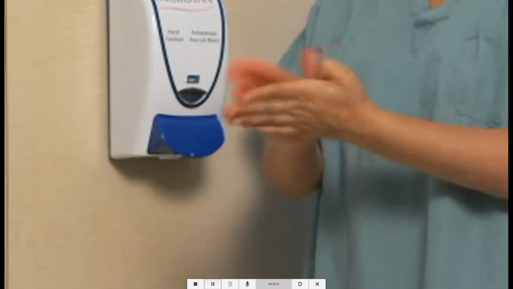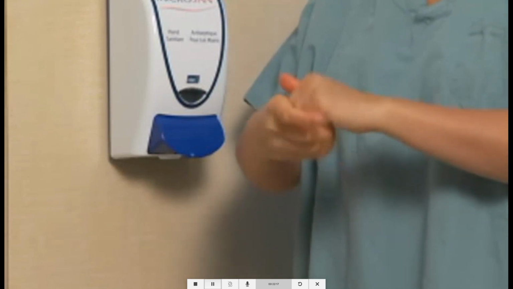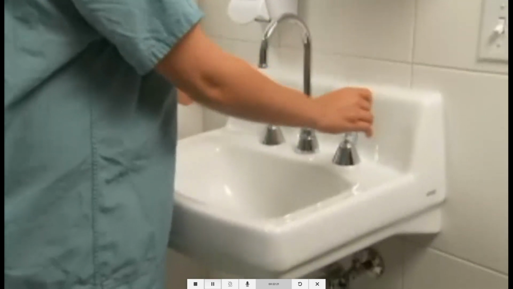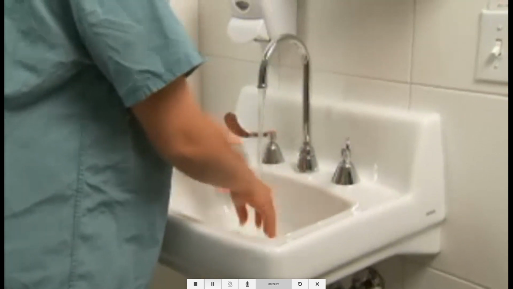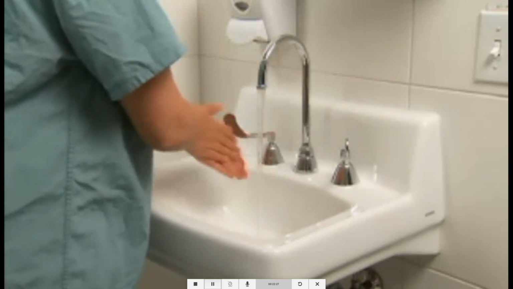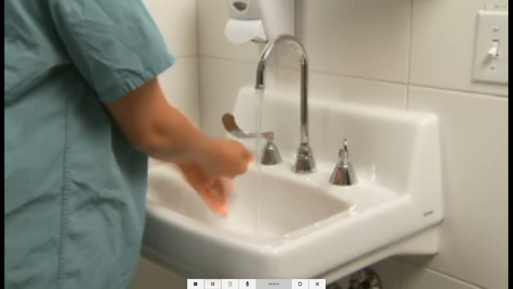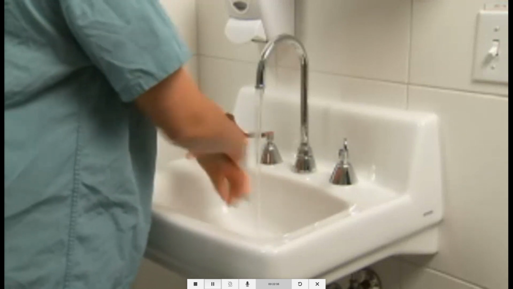Alcohol hand sanitizers are the preferred method of hand decontamination in healthcare settings. However, if your hands look or feel dirty, soap and water is required as alcohol is unable to kill microorganisms in the presence of organic material. Cleaning your hands before putting on your equipment is critical in preventing contaminating the equipment and potentially the patient.